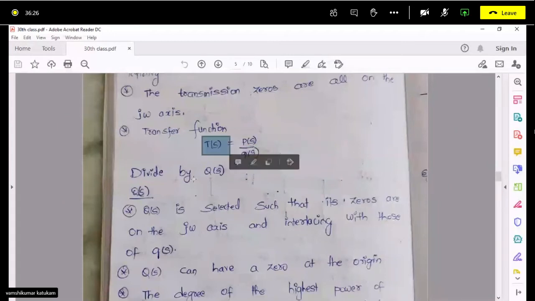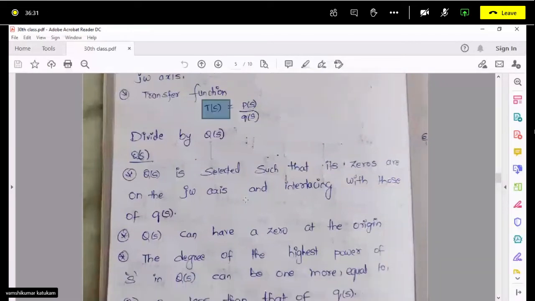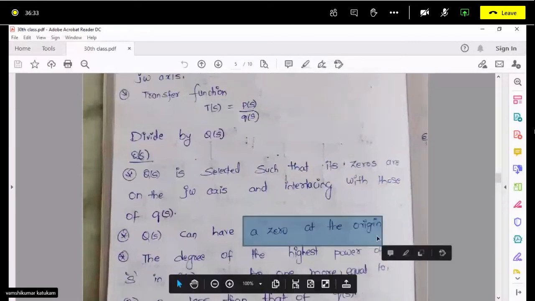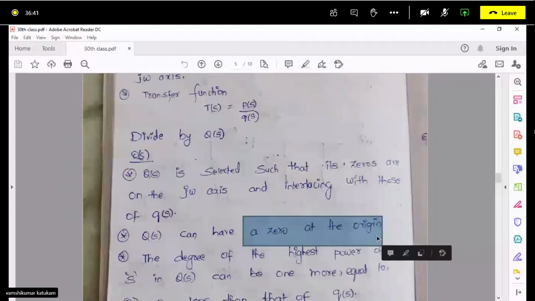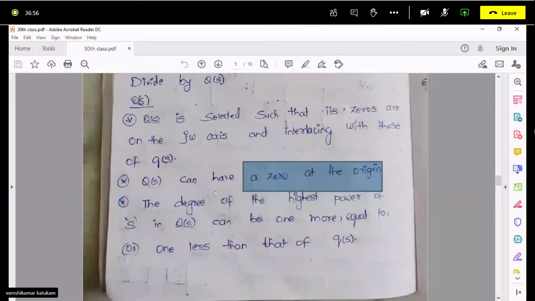That is the first point, and capital Q of S can have a zero at origin. This we have seen for the RC ladder also. And regarding the degree, for the RC ladder the degree of capital Q of S was greater than, it was not less than. But here there is a difference.